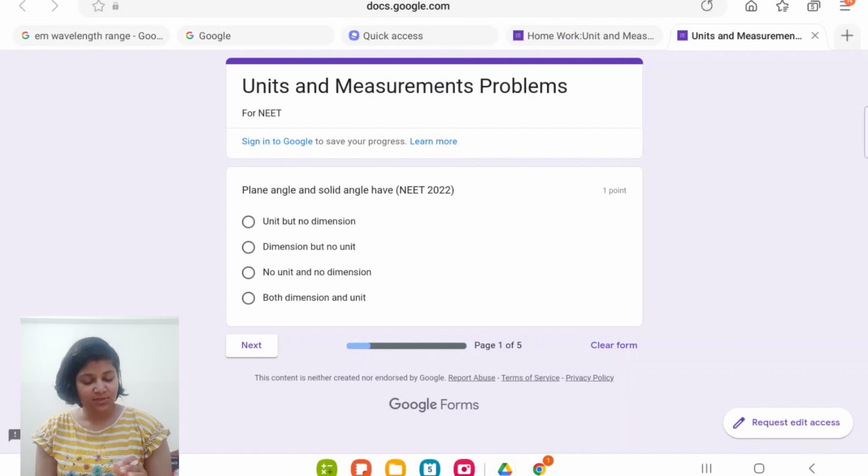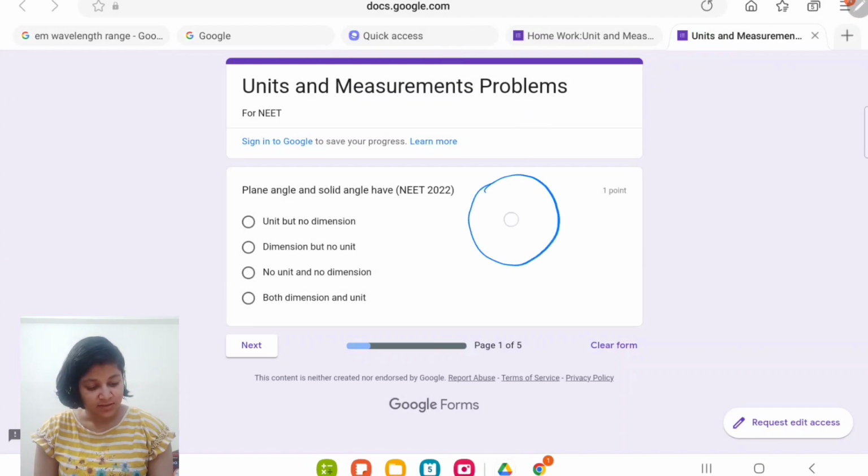The first problem, they are asking about plane angle and solid angle. They want to know if they have dimension as well as unit. Now, we know, I had told you earlier if you remember. Consider a particle moving along a circular path.